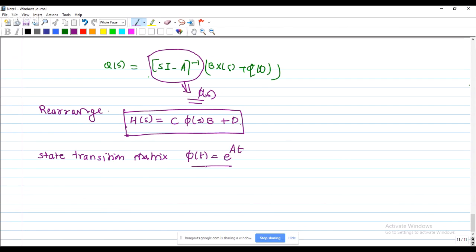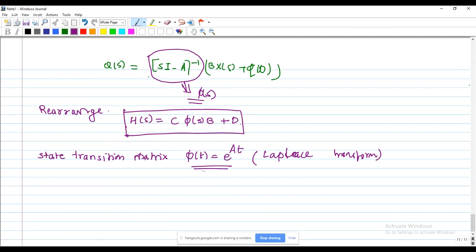Now, how to solve it? We will use only one method, which is called the Laplace transform method, for calculating this e to the A t. Rest of the methods you please don't even look into.